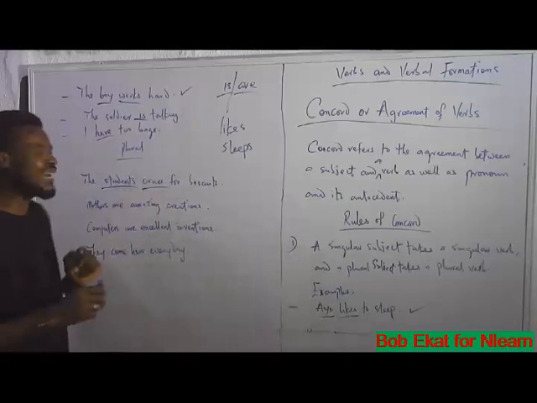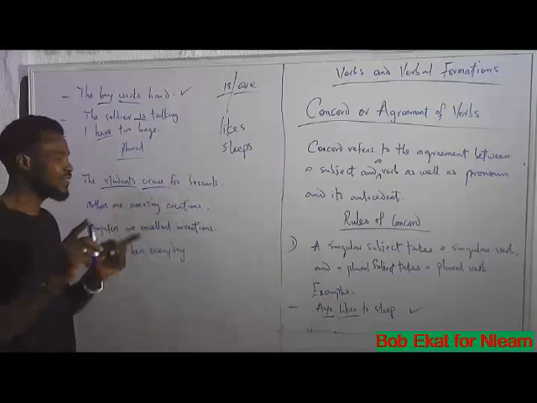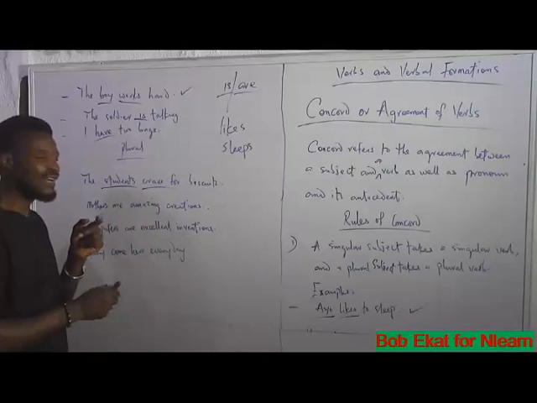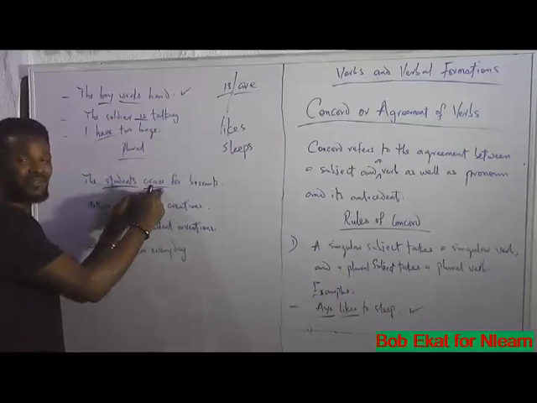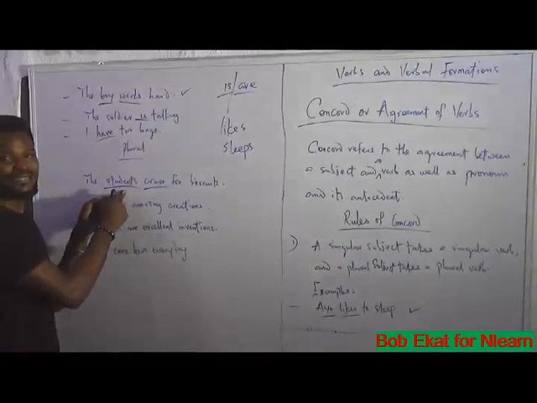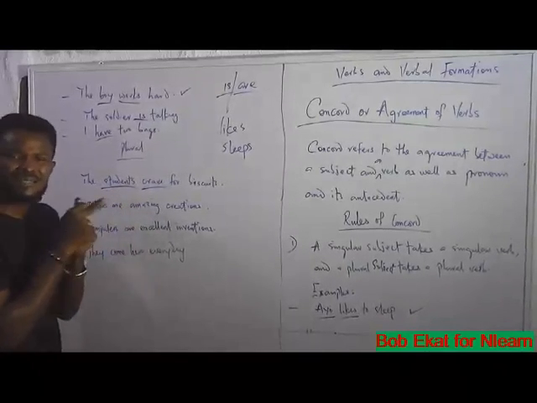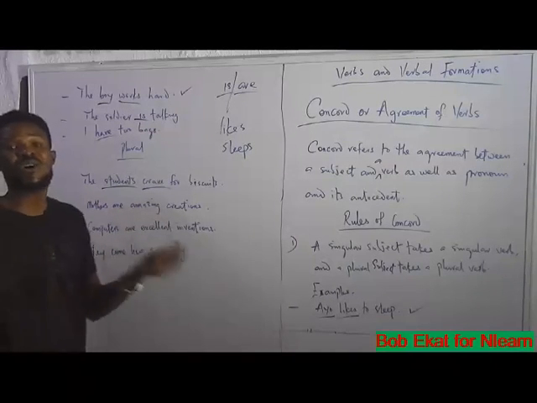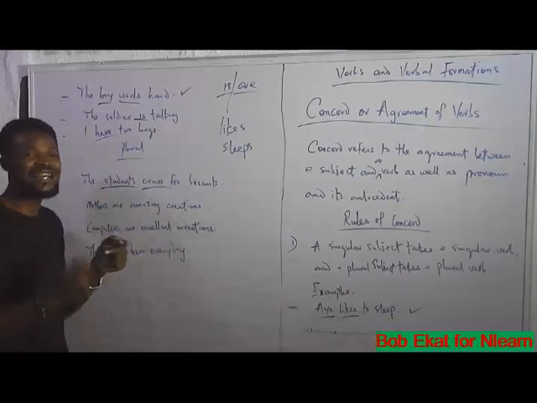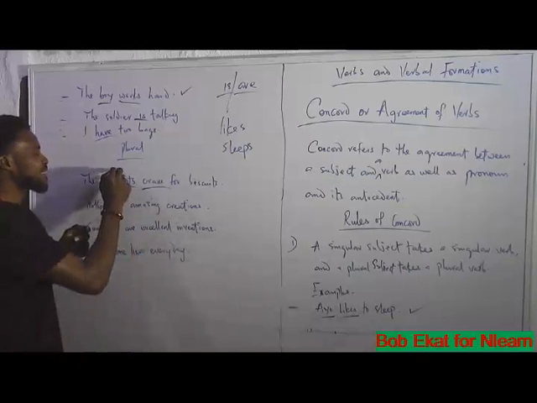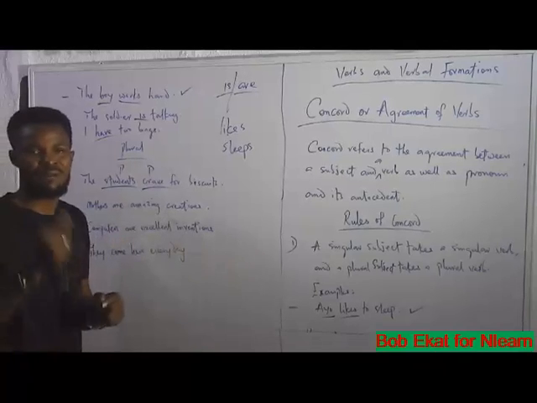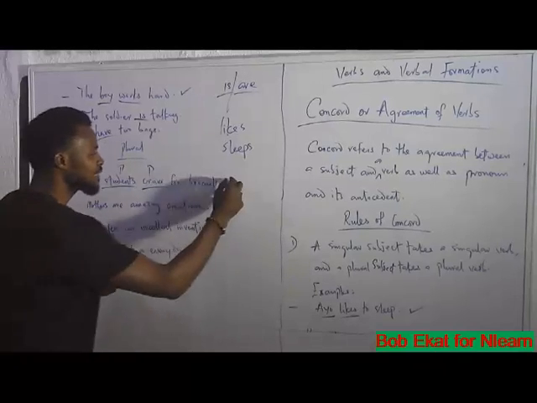Students crave. You can't add S. If you add S in front of crave, it becomes singular, and you cannot have a singular verb after a plural subject. It will be discord or discordant. So the students crave for biscuits. This is plural and this is plural. So it conforms with our rule, and so it is correct.